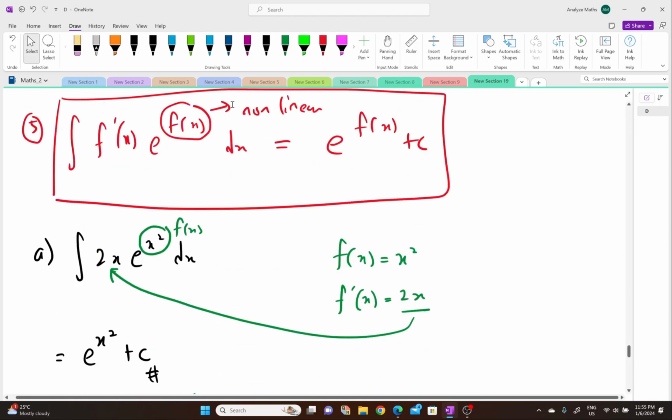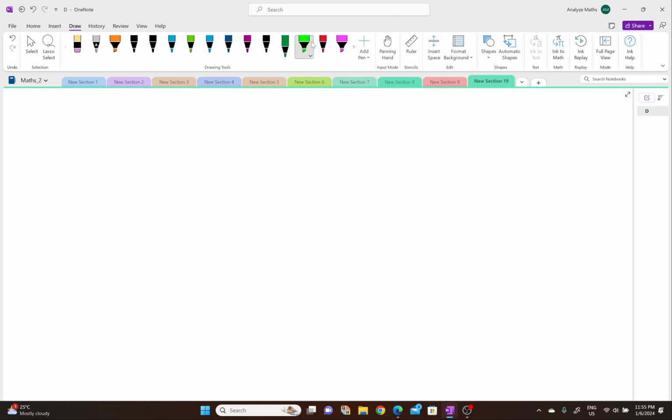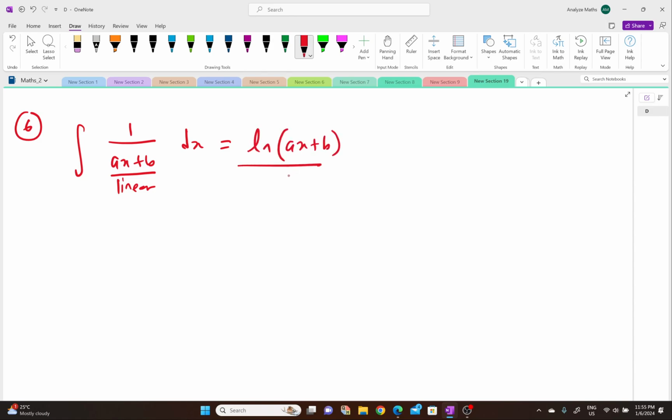Now number 6. I think this is the last one, but anyway, we'll check. No, this is not the last one. There's another one. If you see a function like this, it is linear. If you see a linear function like this, what you do, take ln ax plus b divide by a.